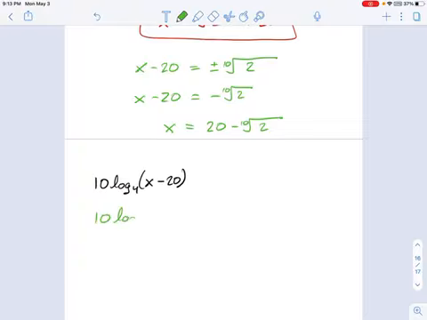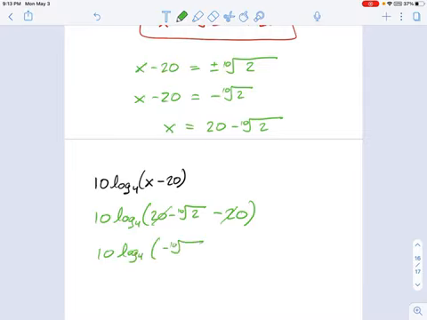We get 10 log base 4 of, what's x? Well, it's this 20 minus 10th root of 2 thing. And then you still have the minus 20. Well, the 20 and the minus 20 cancel out. So what we get is 10 log base 4 of negative 10th root of 2. That's a negative number.